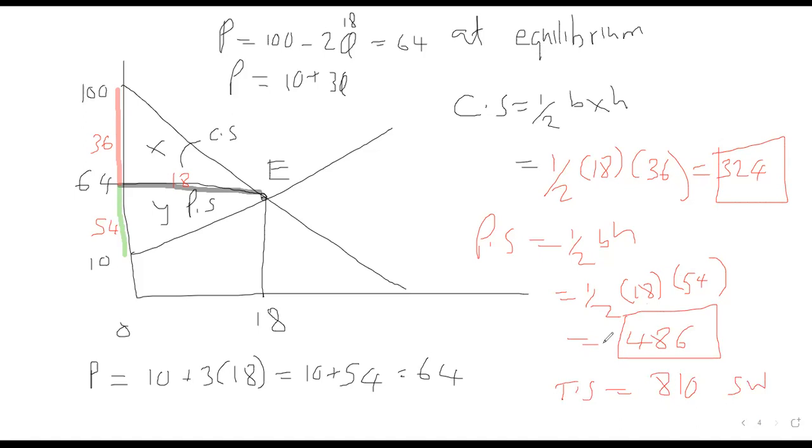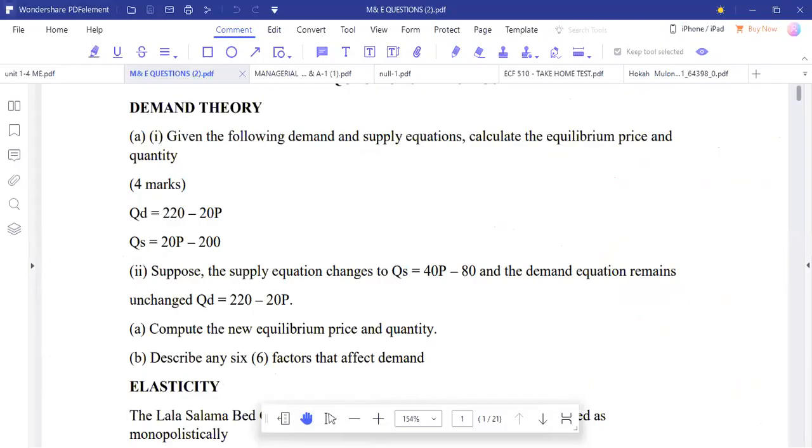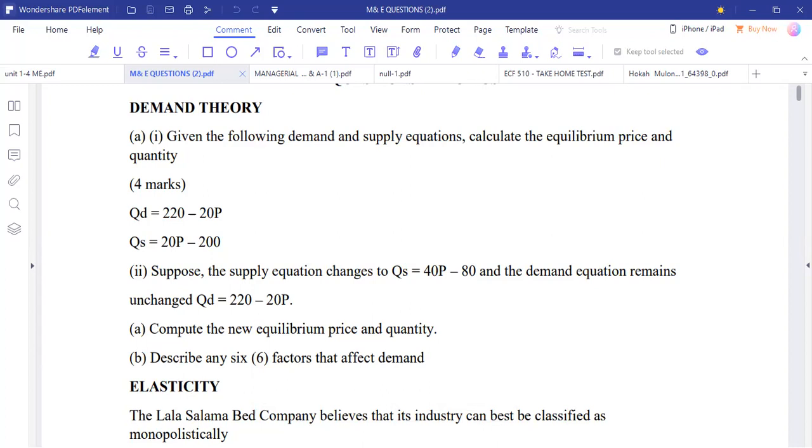All right. So now I want your participation. We go to an exam type question so that we see how the questions come. Let's go to this question here. We're given part A and part 2. So we're given the following demand equations.